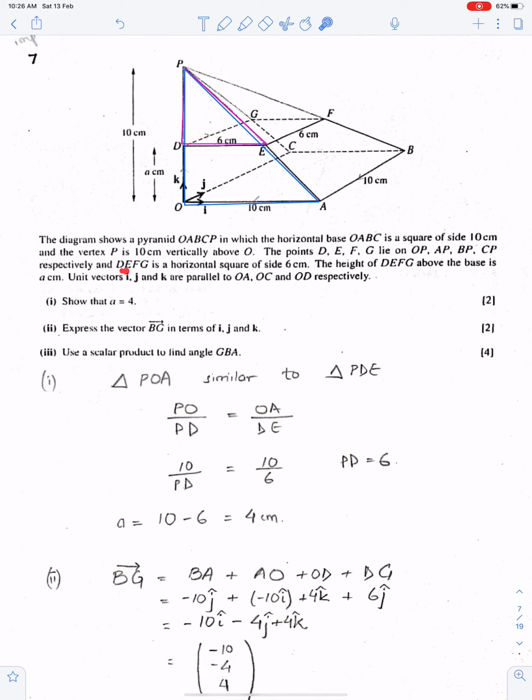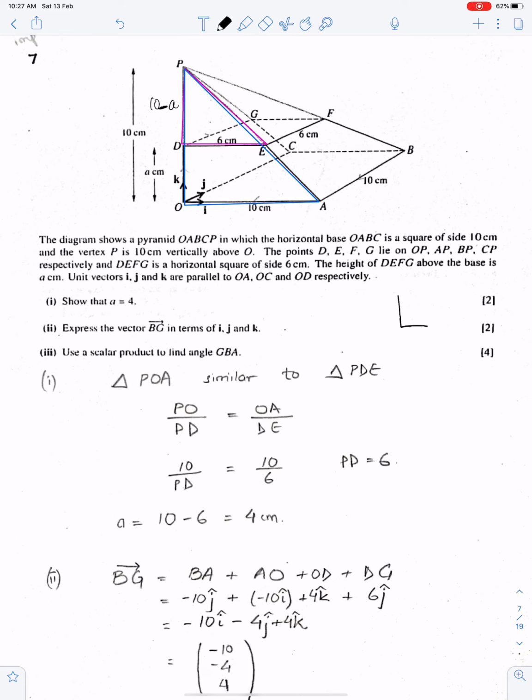And the next thing is DEFG is a horizontal square. This is 6 and this is also 6. And the length is A. Number 1, we have to show A is 4. So by considering these two similar triangles, PDE and POA, we can get this length A, because this will be 10 minus A, PD. So we have two triangles, POA and PDE.